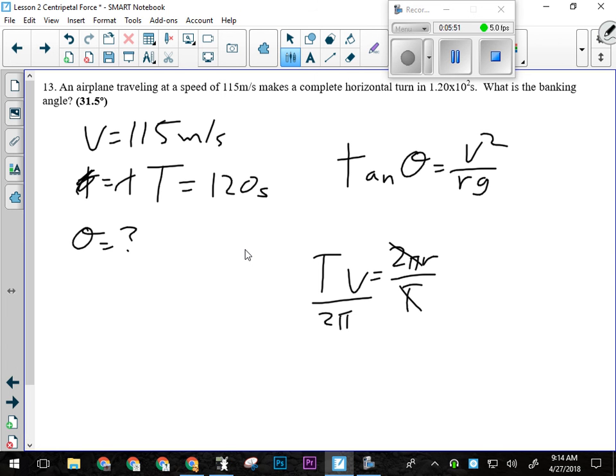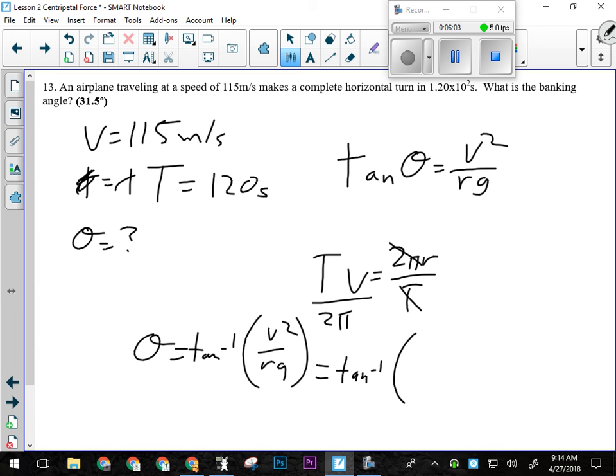To manipulate this for theta, I'm just going to go theta equals tan to the minus 1 of v squared over rg. Plug in my numbers, so tan to the minus 1 of 115 squared divided by 2196. I'll put all the decimals in when I actually calculate it, times 9.81.